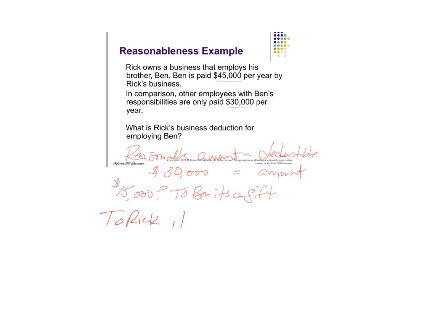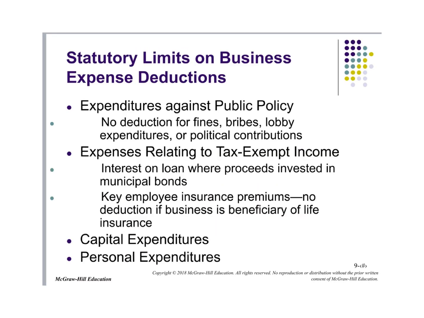To Rick, it's a gift and not deductible. Okay, so that's important to remember. You can only deduct what's reasonable. You can pay somebody really whatever you want, but you can only deduct an amount that is reasonable.